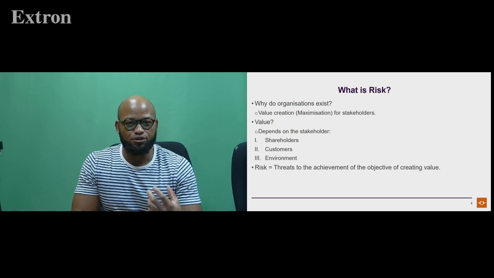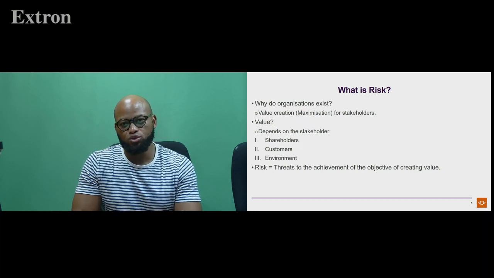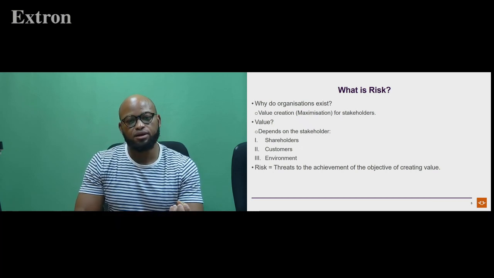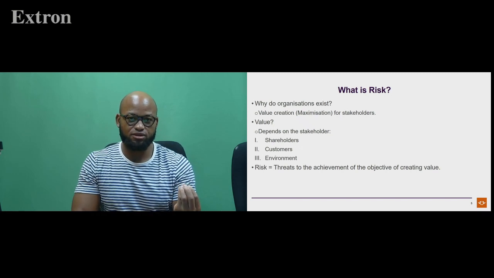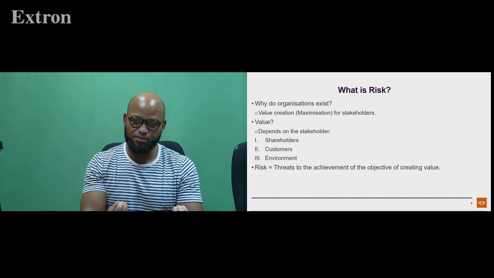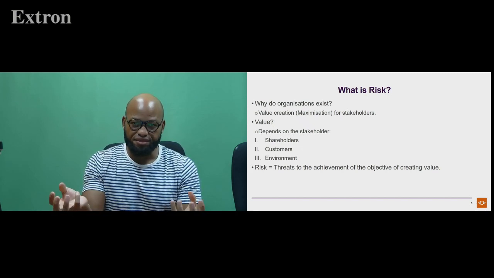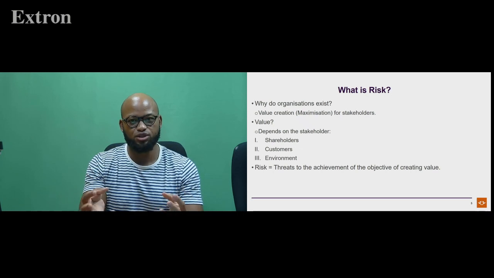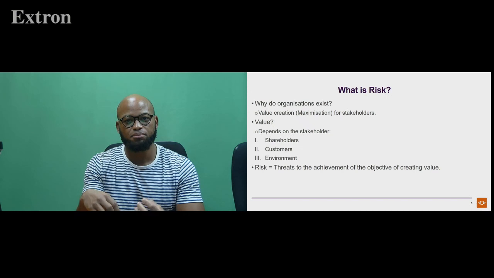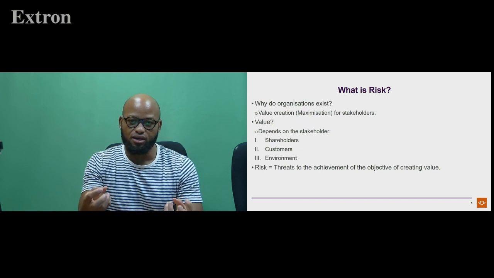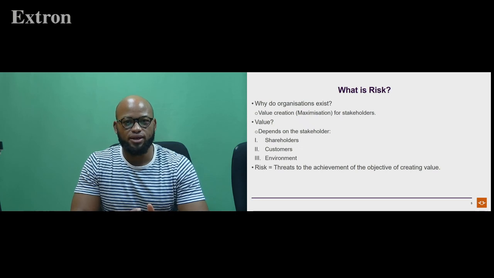If that company is located in a country that I've just described, it will have a higher risk profile than the equivalent company that's domiciled somewhere else. So the threat to the achievement of the company's objective in this instance is not coming from a specific event, but just from a condition, that condition being where the one company is located compared to the other company.